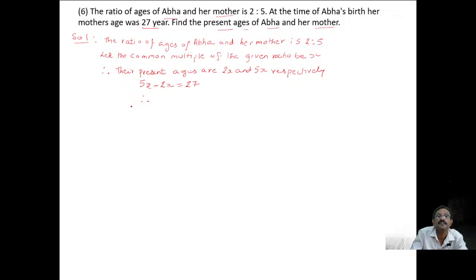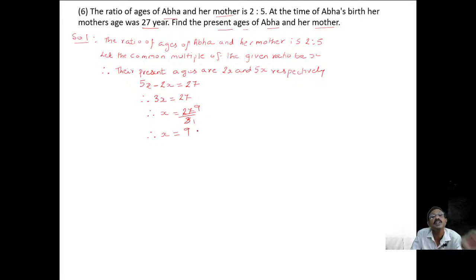Therefore, 5x minus 2x gives me 3x, which is equal to 27. Therefore, x is equal to 27 upon 3. 3 nines are 27. Therefore, x is equal to 9.